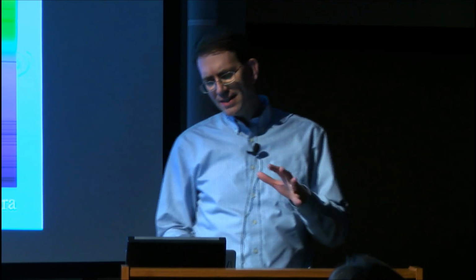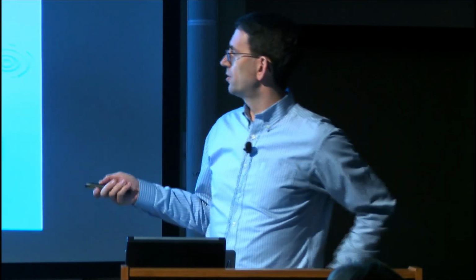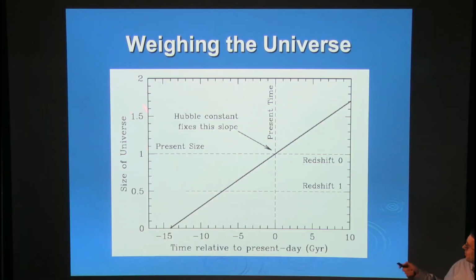All right, well, let's try to connect this idea to how we're actually trying to weigh the universe. So here's a very simple plot of the size of the universe versus time. We're here at the present day and at the present size. If the universe were just expanding ballistically, with no forces on anything, things would just move inertially, and you'd have a linear relationship between the size and the time.